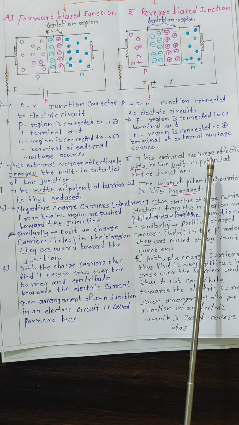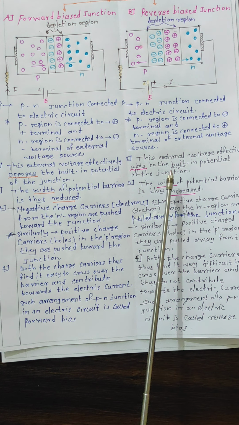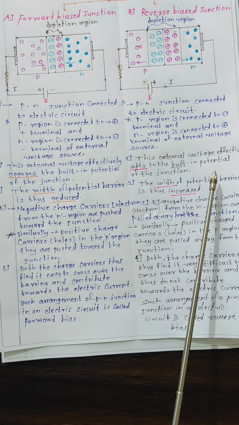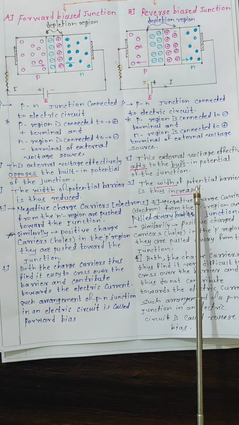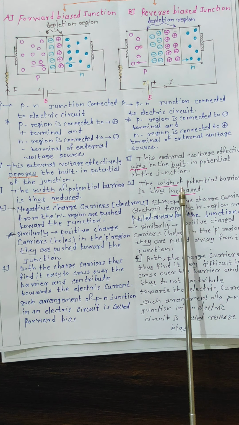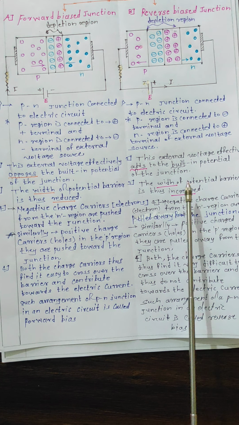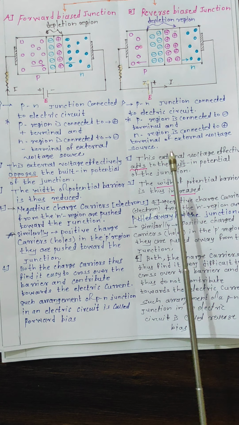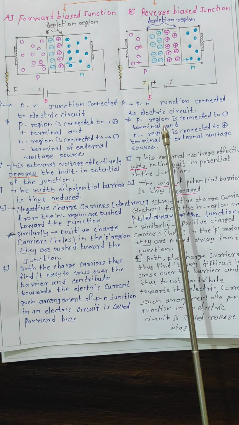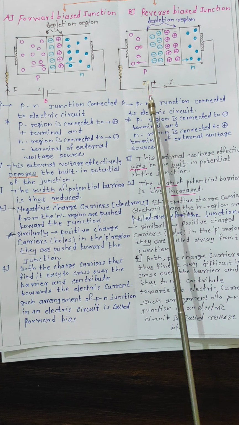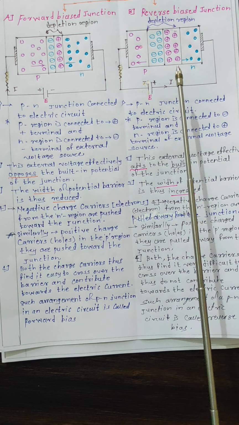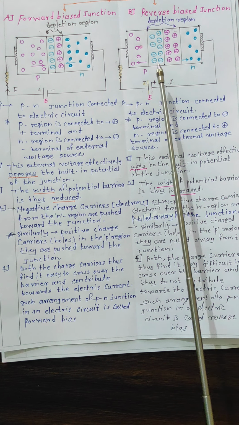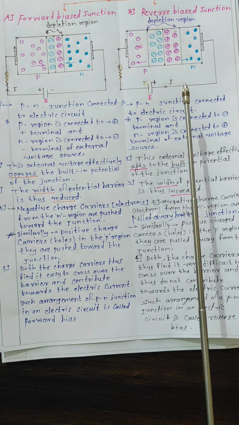This external voltage is effectively added to the built-in potential of the junction, and therefore the width of the potential barrier is increased.